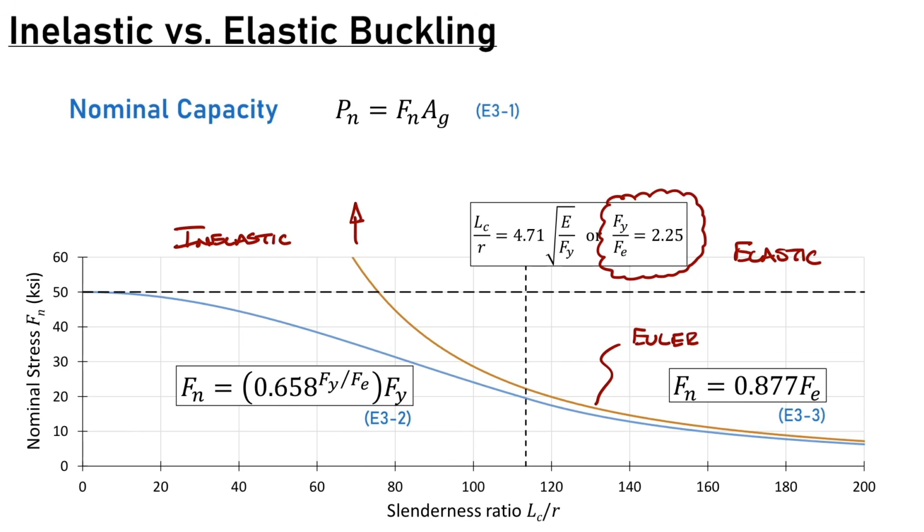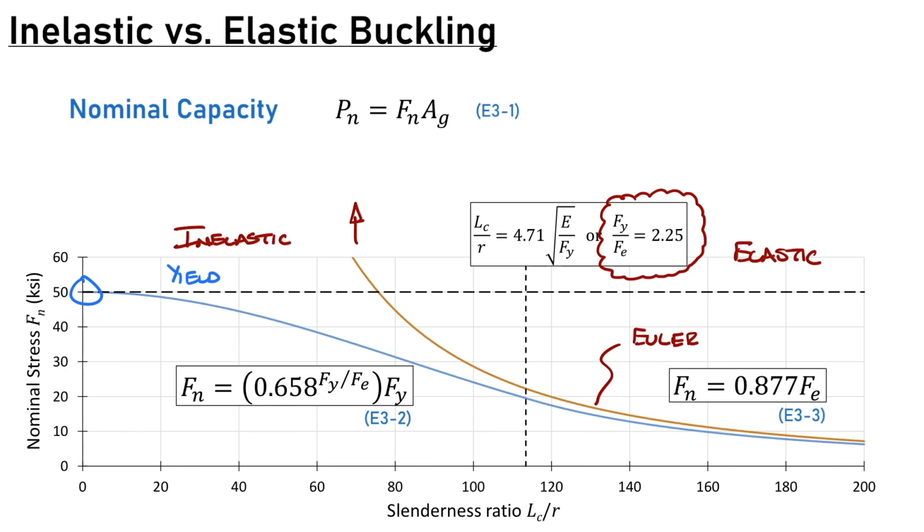And that doesn't make any sense because the stress in my cross-section is not going to be allowed to exceed yielding. So how this expression works is at a slenderness ratio of 0, which would be a 0-length column, this will limit to the yield stress of our material, and then there's going to be a smooth curve connecting this yield stress out to the elastic curve once you have a long enough column.